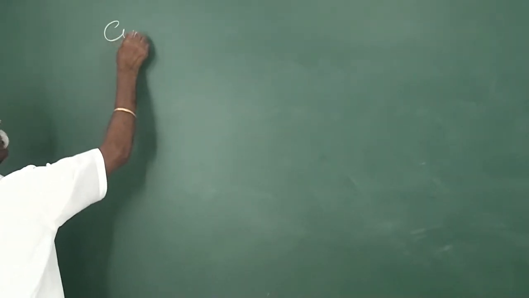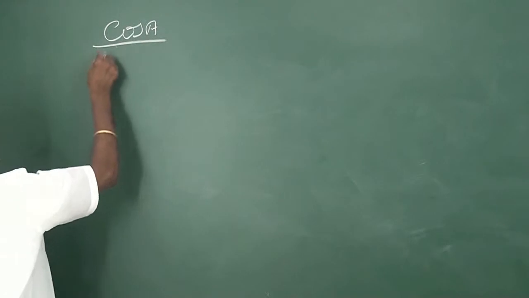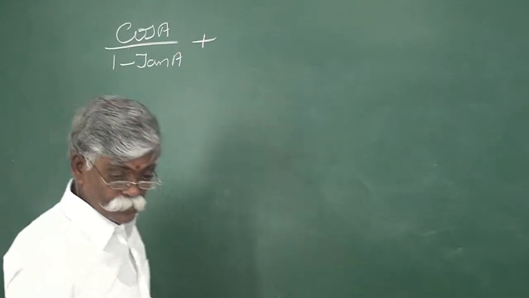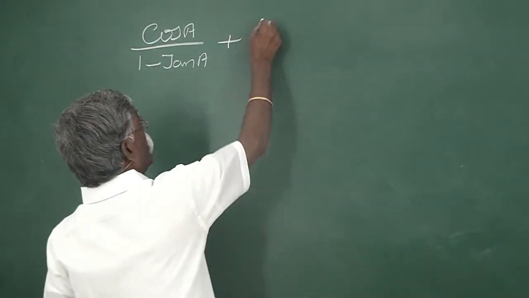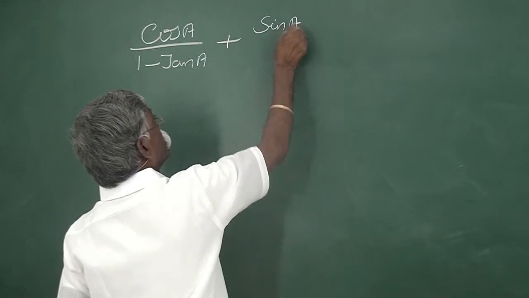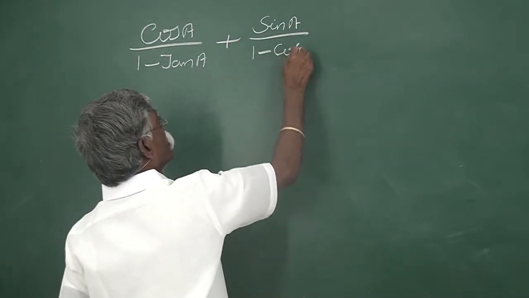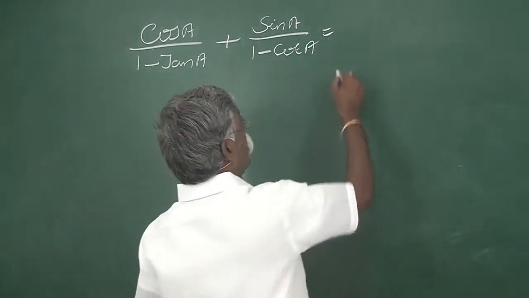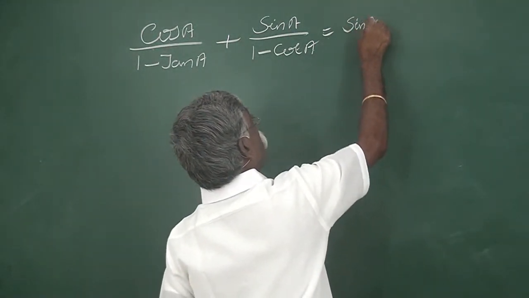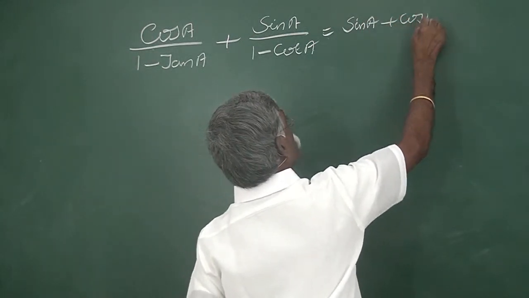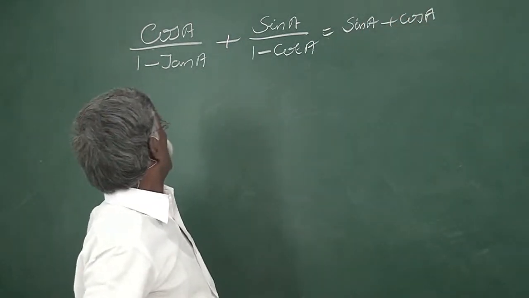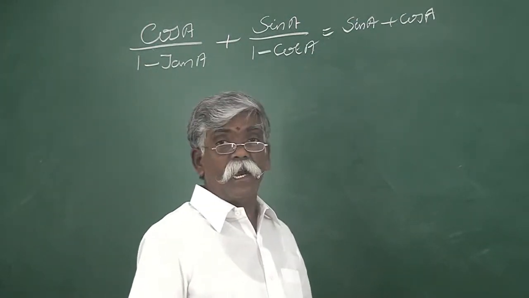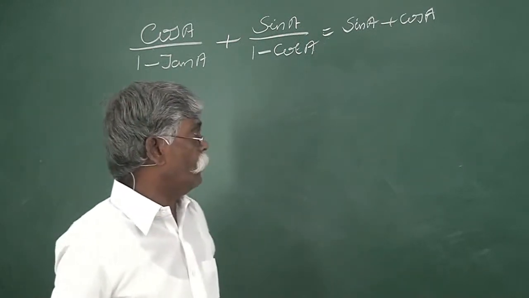Now cos A by 1 minus tan A plus sin A by 1 minus cot A is equal to sin A plus cos A. The left hand side is in terms of sin, cos, tan and cot, whereas the right hand side is in terms of sin and cos alone.